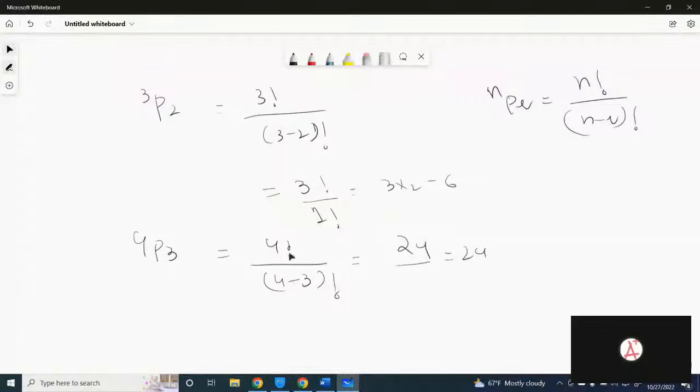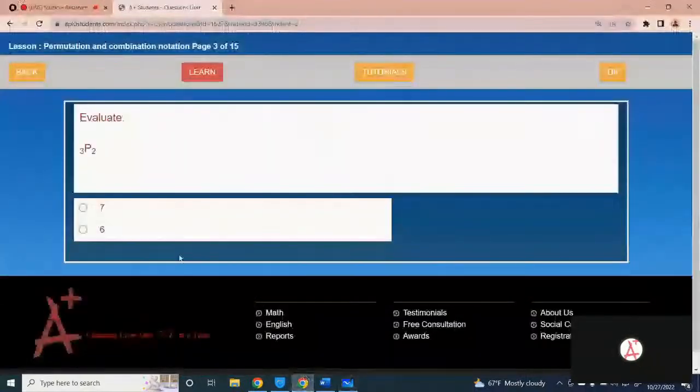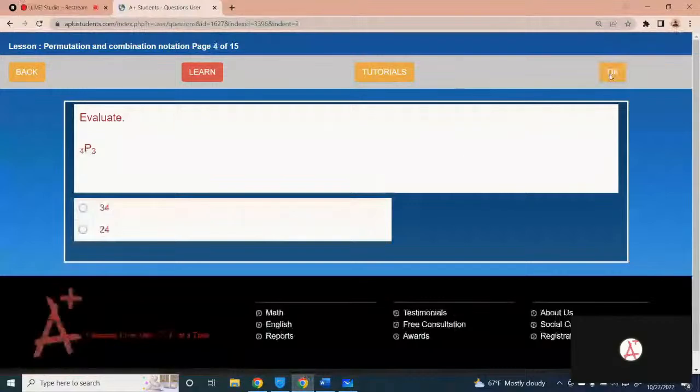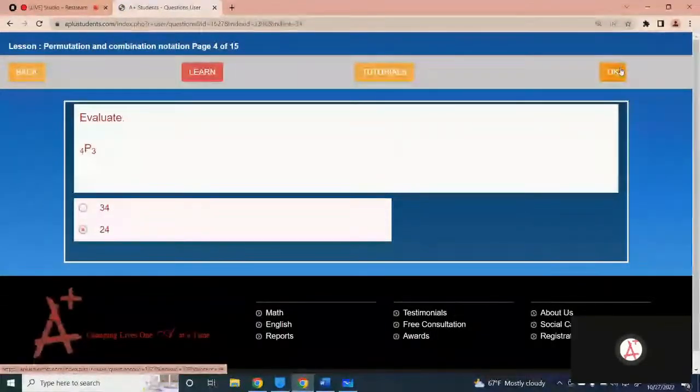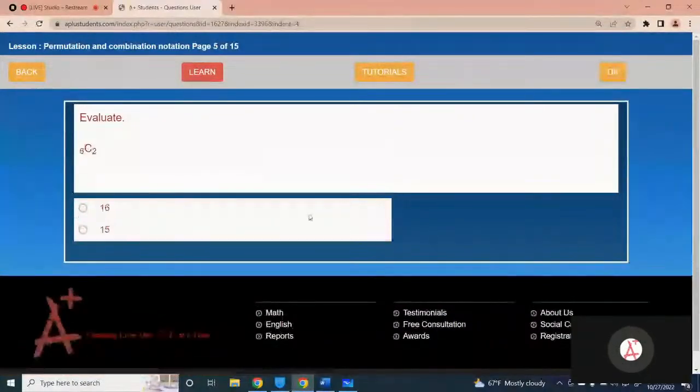Okay, the next one is 6, and the next one, 4P3, we did, that is 24, and the next one is 6C2.